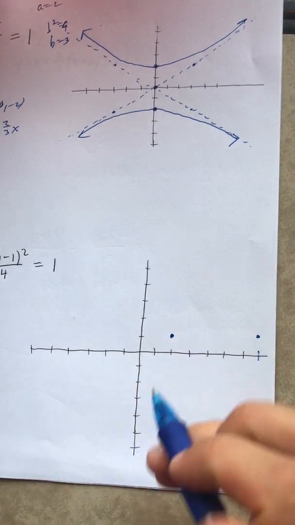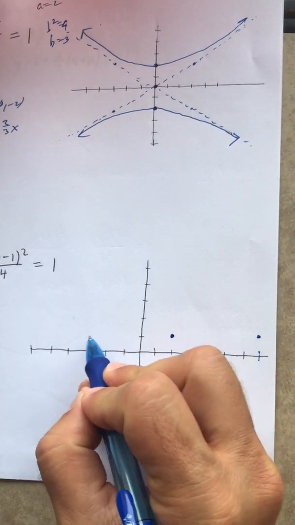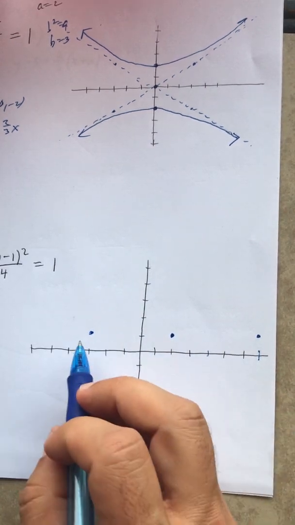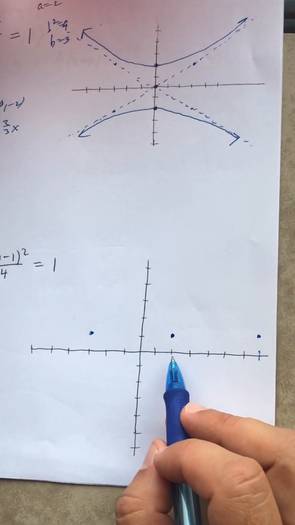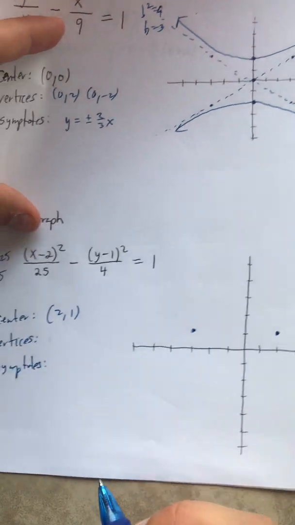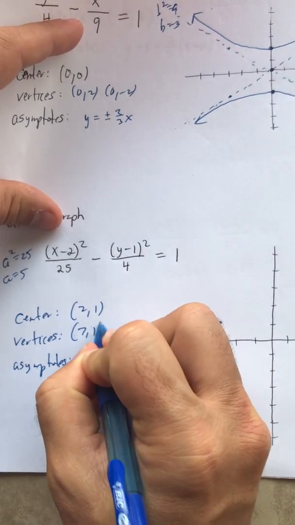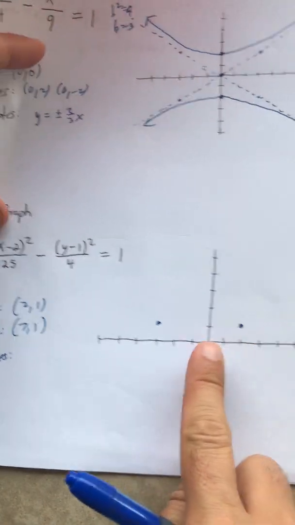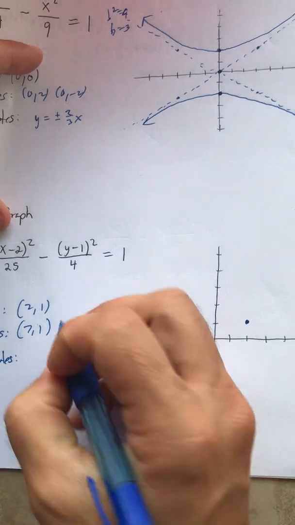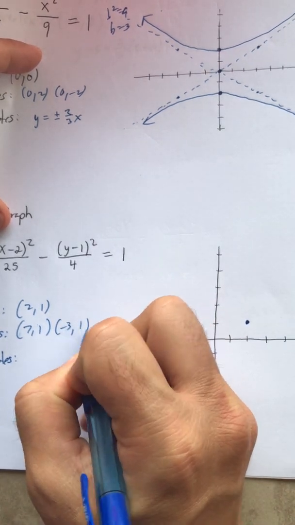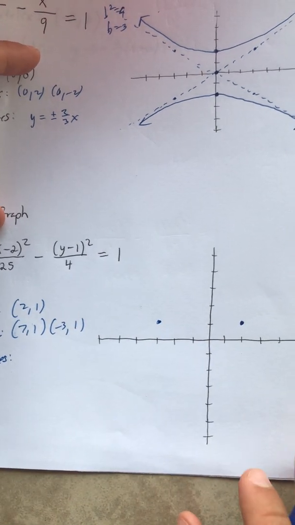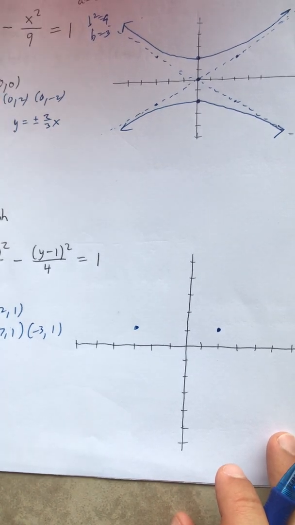And then 5 units to the left. 1, 2, 3, 4, 5. There's my vertices. This point right here is 7, 1, and this point right here is negative 3, 1.